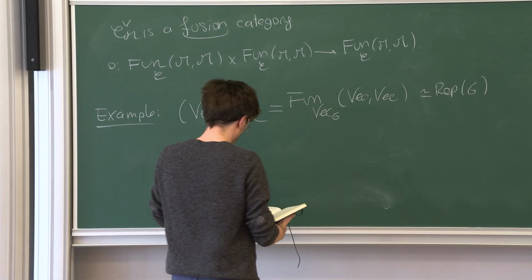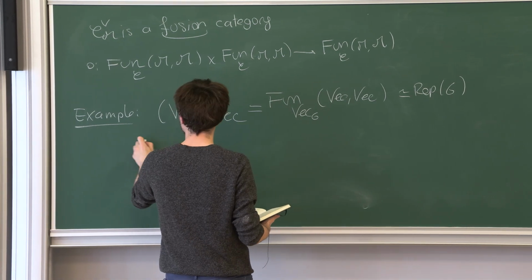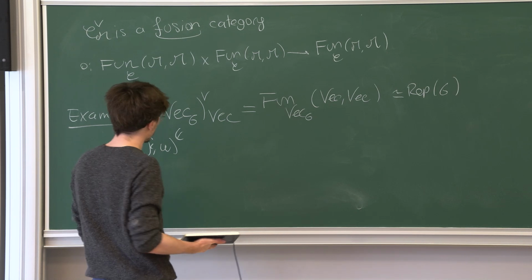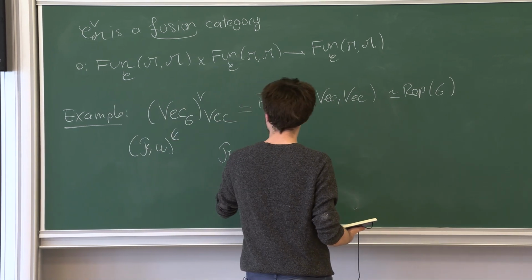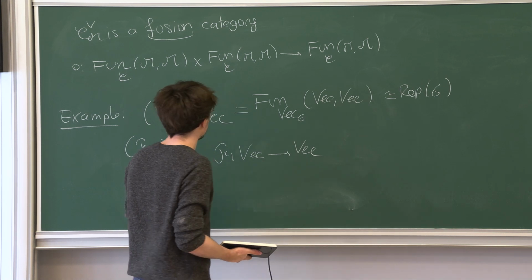And so how does it work? Well, this is a simple case. Let me take an object (F, ω) in there. It's a map, so it takes the category of vector spaces to itself.